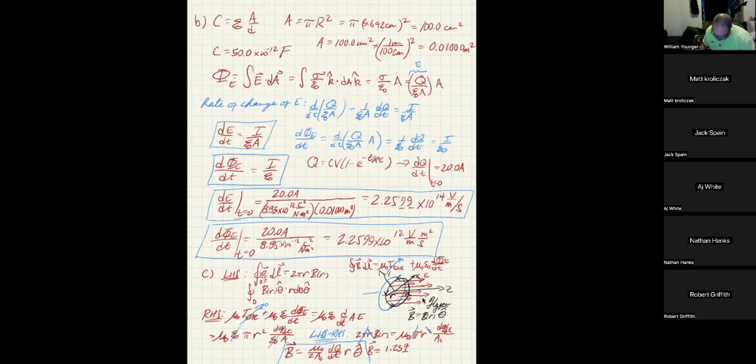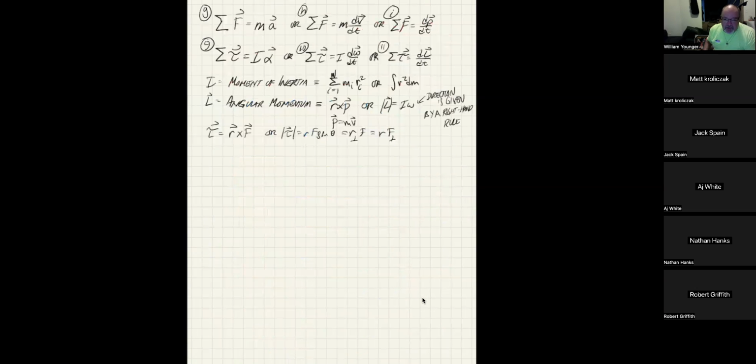I think I got 10 to the negative 5th. Anybody want to verify that calculation for me? Because I have something weird written in my notes, in Tesla per meter, times r theta hat. What I'm not sure about is I have 0.01257, and then times 10 to the negative third. I can't imagine I'd put something with some value other than that.